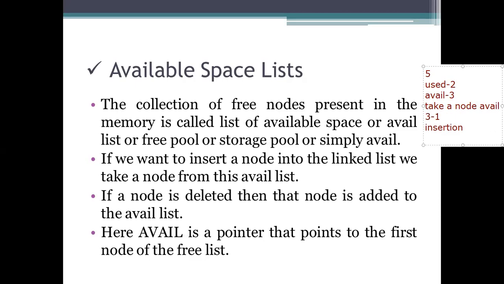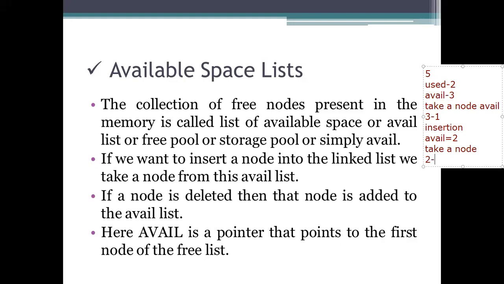3 minus 1. After that insertion, avail will be 2. Again, if I want to insert, what do I have to do? I need to take a node from that list.